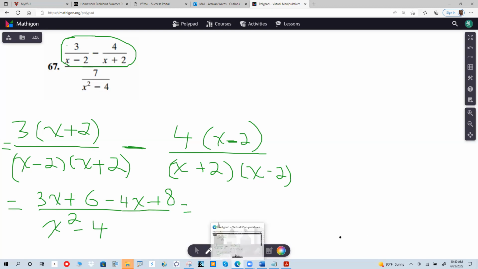That sounds about right. And I can go and write it on top, but I'm going to write it here first. 3x and minus 4x gives me minus x. And 8 and 6 gives me 14. It doesn't matter. You could have written 14 minus x.